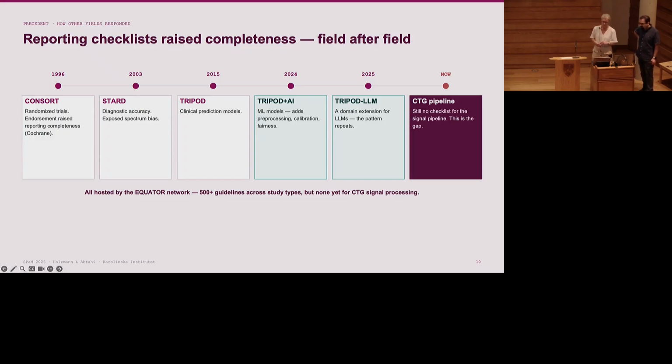In 2024, there was TRIPOD+AI with 27 items, adding pre-processing, calibration, and fairness for machine learning models. And in 2025, TRIPOD-LLM for large language models. So extending a general framework to a specific technology is a proven pattern, but none of them covers the CTG signal pipeline. So that is the gap.